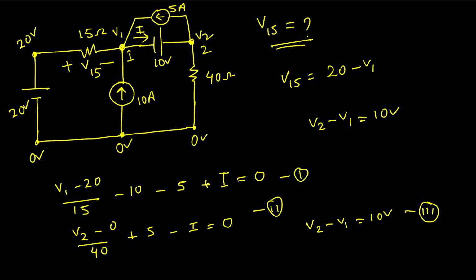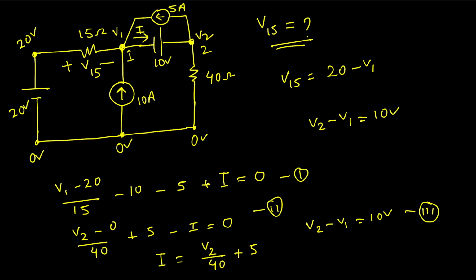From equation 1 and equation 2, we can find out the value of I and put it in either equation. So if I calculate I from equation 2, we can write down I equal to V2 by 40 plus 5.